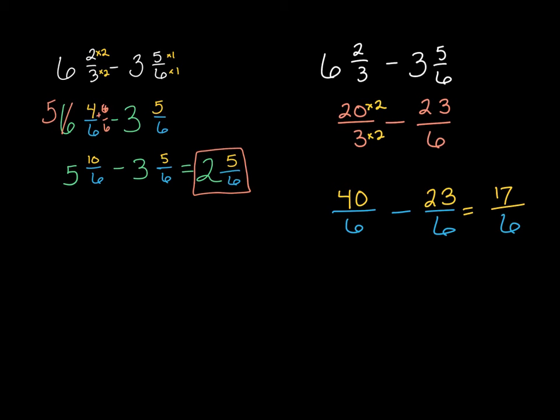Now let's change that back to a mixed number. So 6 will go into 17 2 times, with a remainder of 5. So it is 2 and 5 over 6.